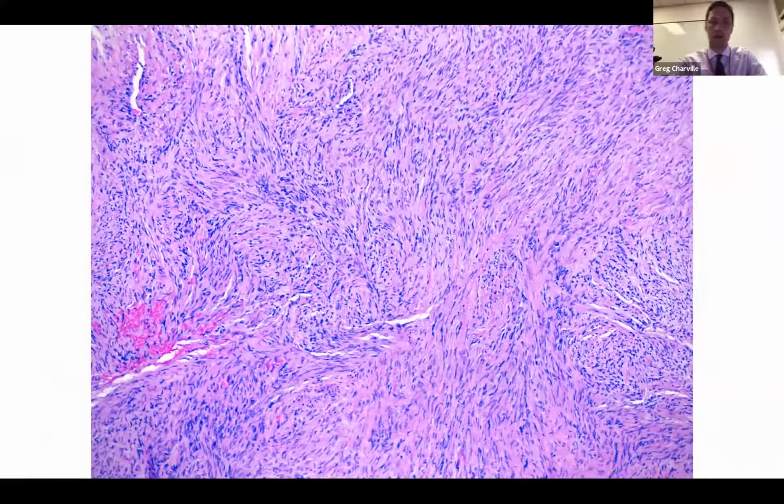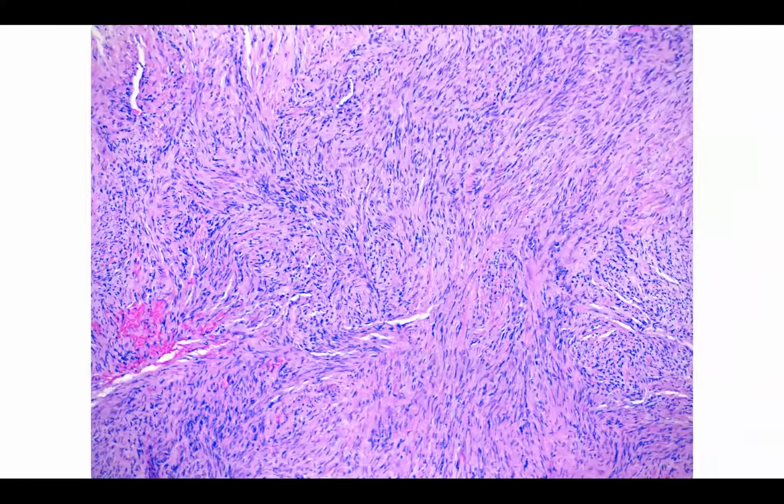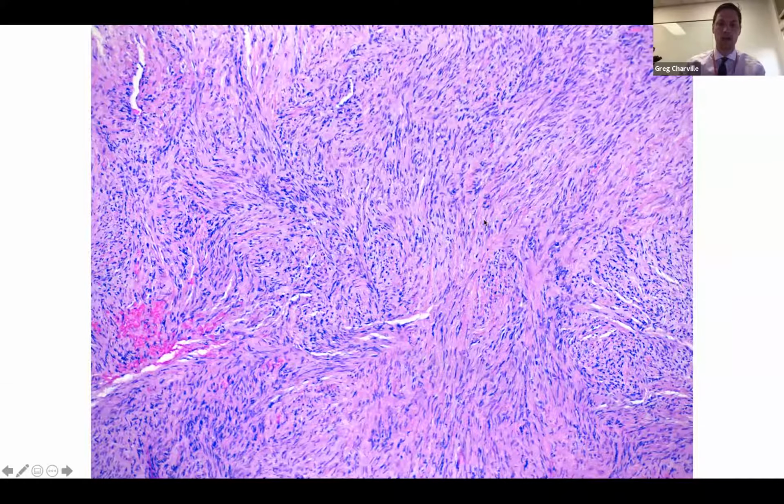And then it abuts here really the dermis right away. So you actually have skin overlying this mass as it approaches skeletal muscle in between there. So jumping down on a higher power here, I think you immediately appreciate the spindle cell cytomorphology that dominates this tumor, some collagen in the background that we'll see as we continue here.